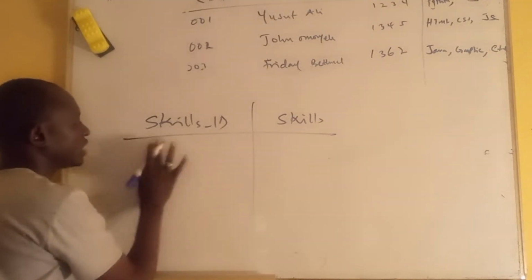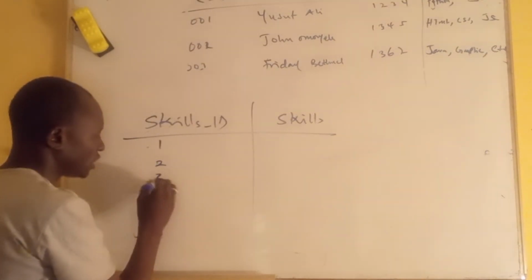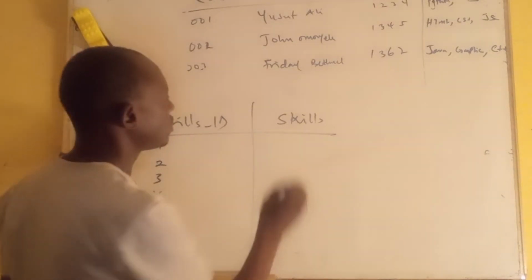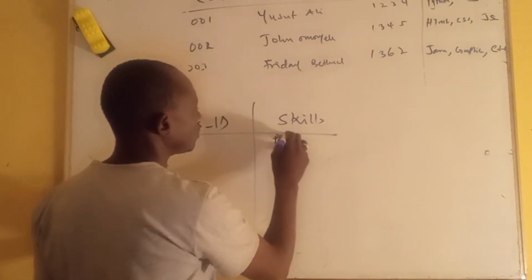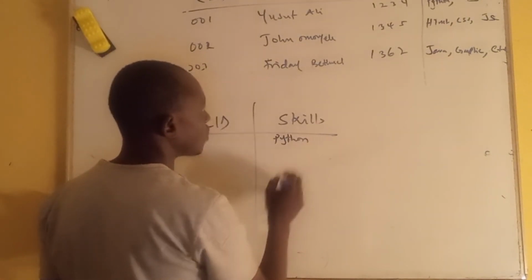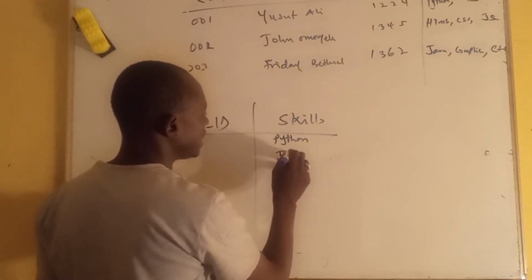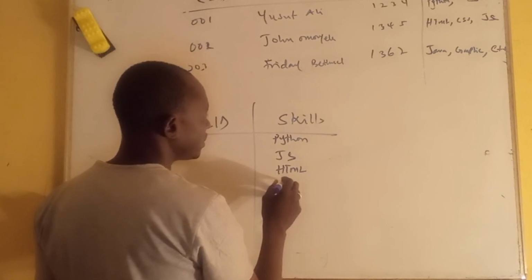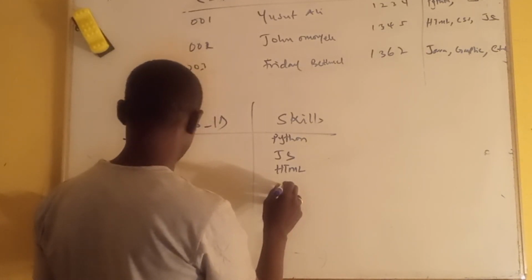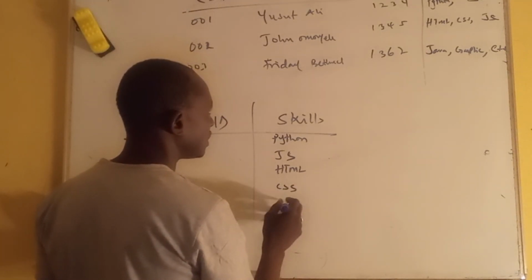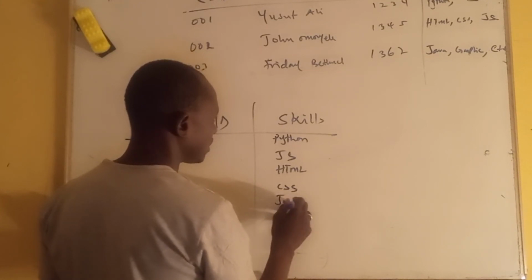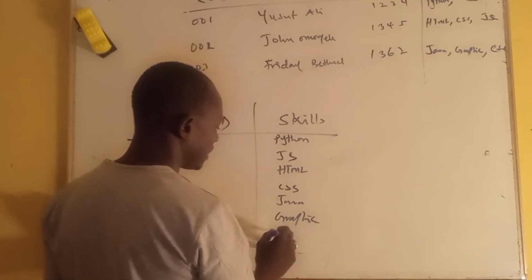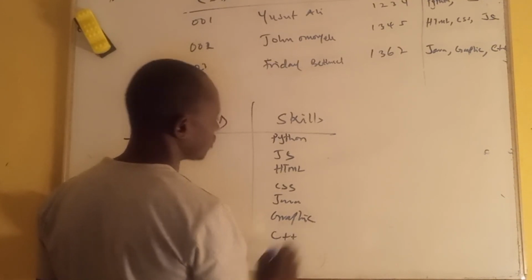So here we have Python as 1, JS as 2, HTML as 3, CSS as 4, Java as 5, graphics as 6, and C++ as 7.